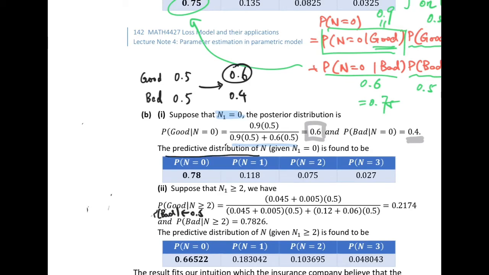So here to get this, you can just calculate this as follows. Given that n1 equal to 0, that one equal to the probability that n equal to 0 given a good driver, and this time this probability will become 0.6.